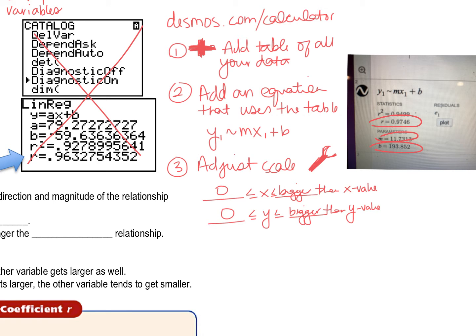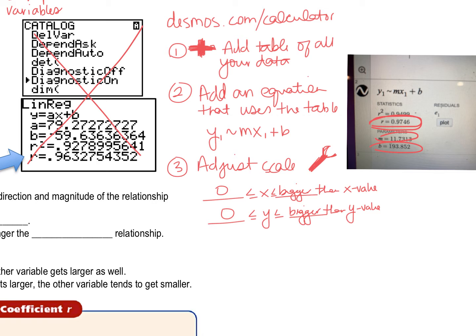Instead, just focus here on r. So our r for this problem that I had in there was 0.97, which is an excellent r value. That means the data is very close to being linear. It has a really strong correlation, a really strong relationship.